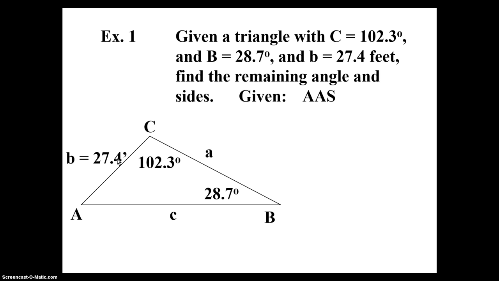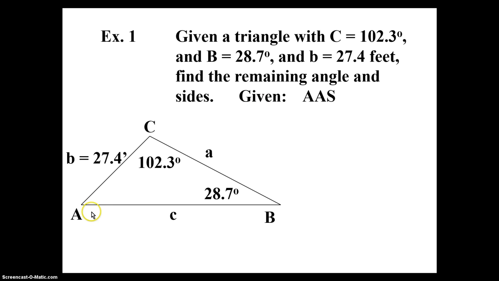Let's find the remaining angle and sides. That means we have to find angle A, side a, and side c. Let's start off with the easiest part. We all know that all angles in a triangle add up to be how many degrees? 180, correct.